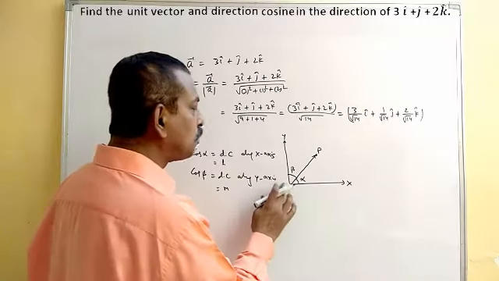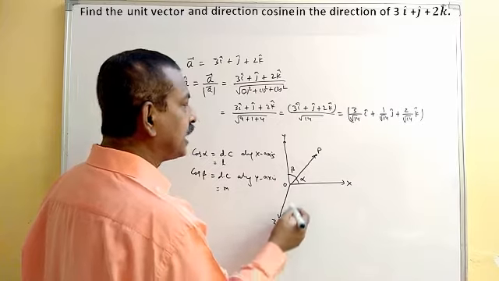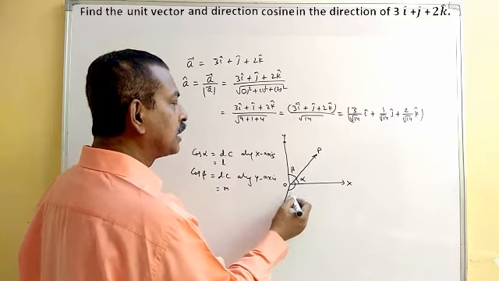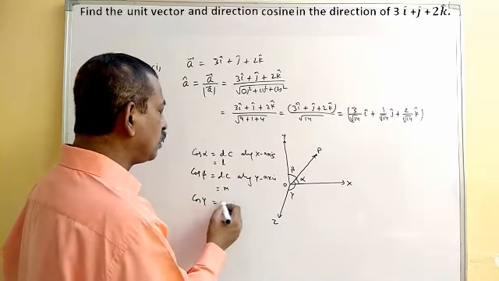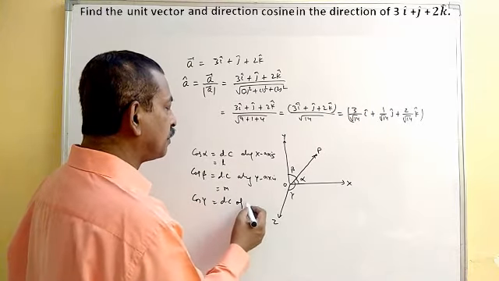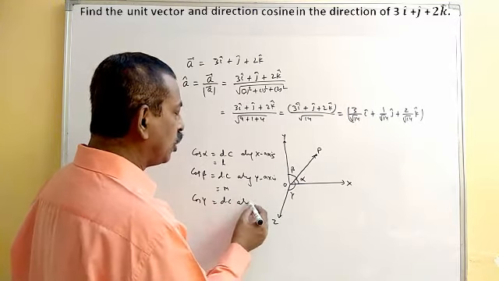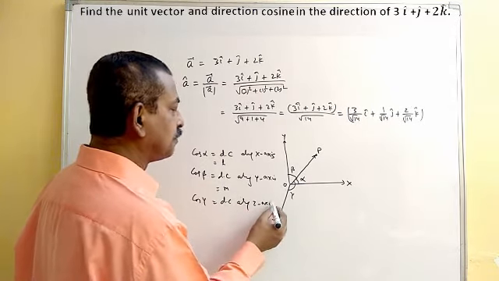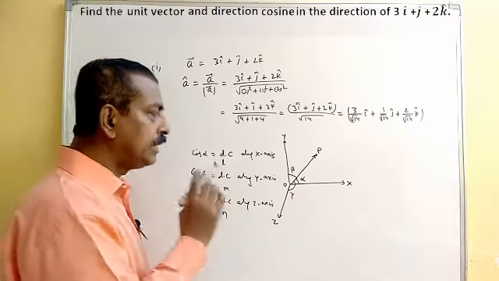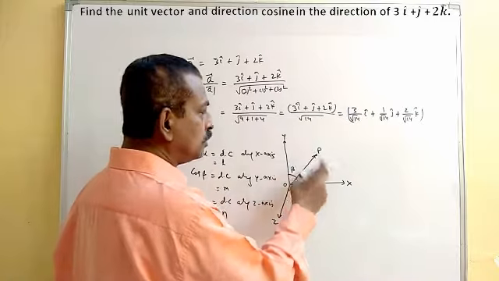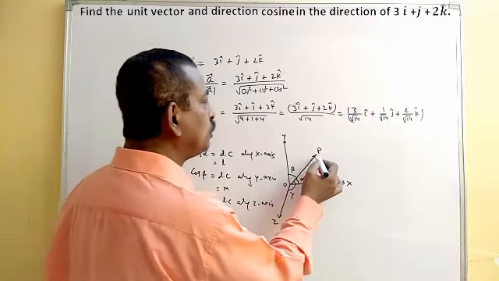So if we take the z-axis here, and this is making an angle gamma there, in that case cos gamma will be the direction cosine along the z-axis. And this is represented as N.